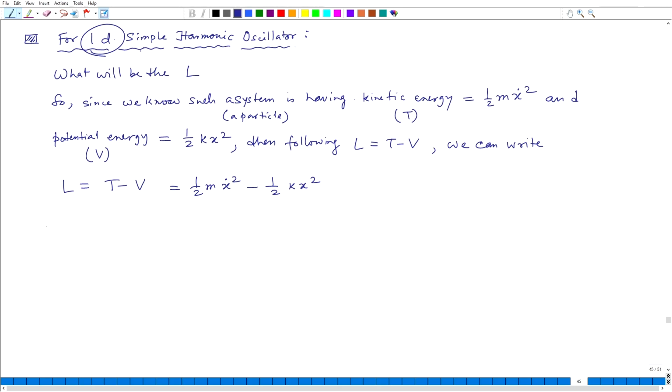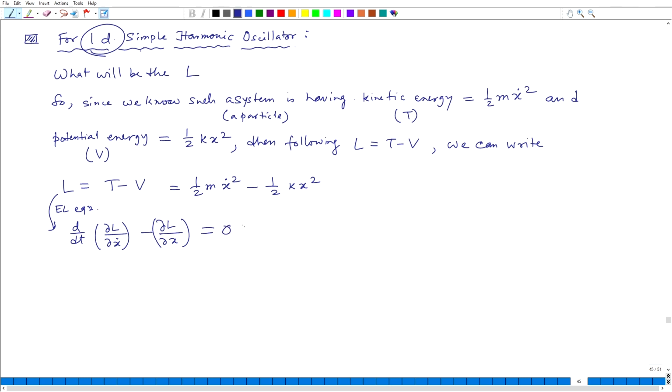Now, what will be the Euler-Lagrange equation for such a system? It will simply be d dt of del L del x dot minus del L del x will be equal to 0.